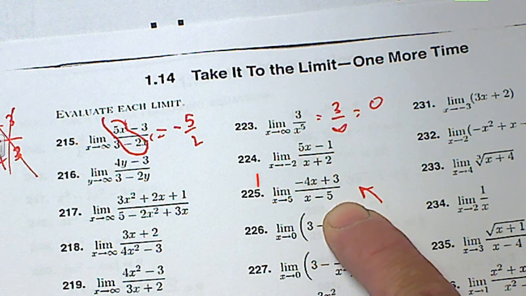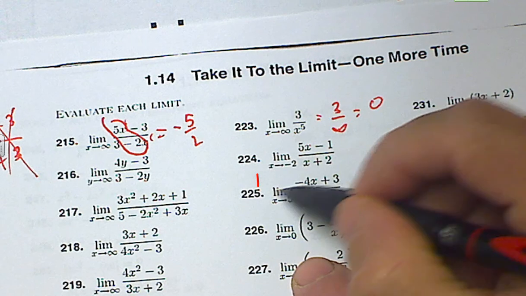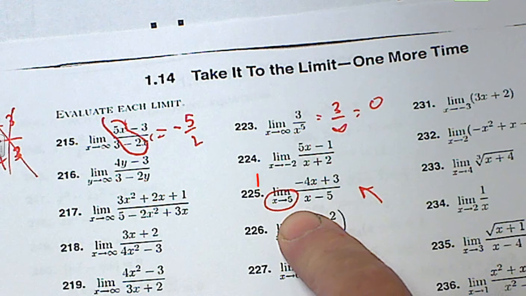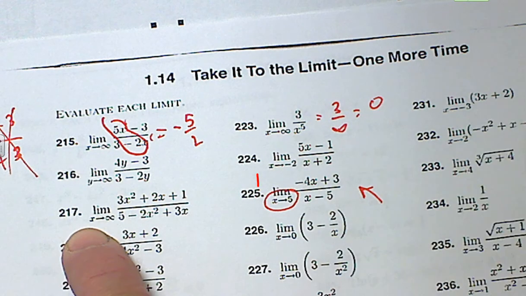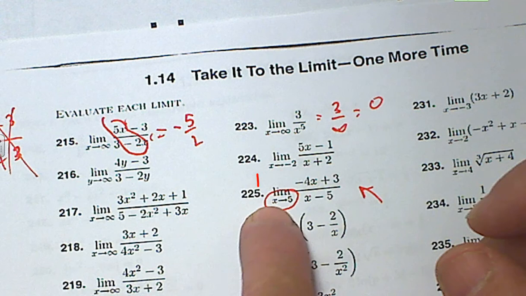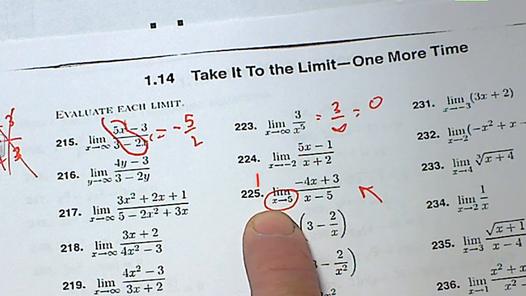This is not the pre-cal rules. This is the limit as x goes to 5. This is what you did all last week. See the difference, okay? These are the limit as we go to infinity. These are the pre-cal rules. These are a point in space. This is factoring, this is conjugating, whatever you do, okay? You see the difference? Everybody good?